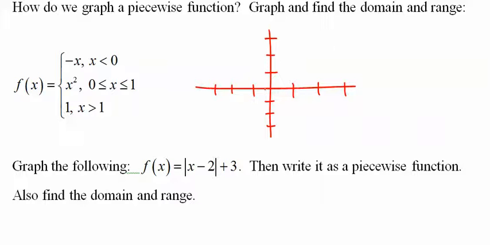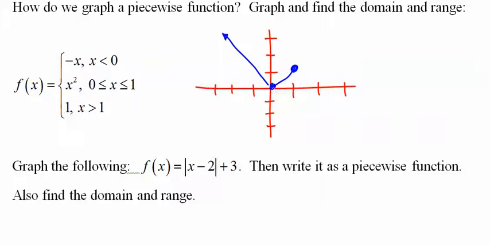Negative x starts at the origin, goes up to the left. There's a dot at the origin because it does not include the origin. X squared includes here, so we'll make a smaller dot there, and goes up to 1. So it's going to do that, and it includes that too. Put a big dot here.